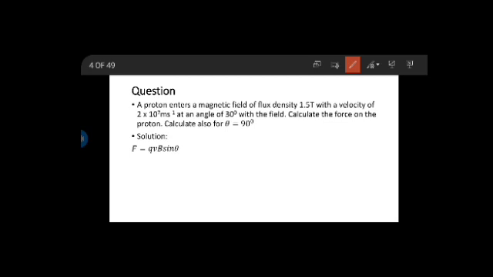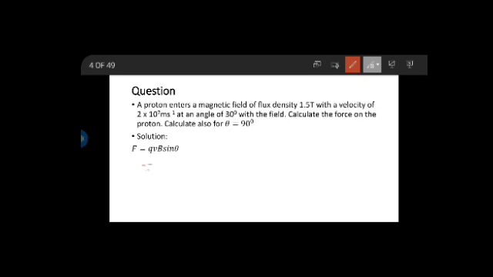Based on what we have there in the solution, you can see that F is equal to QVB sine theta. The Q here is the charge of a proton.